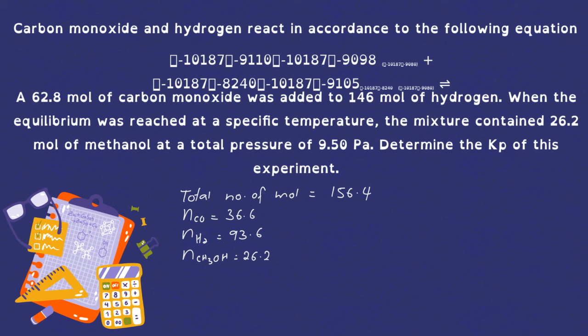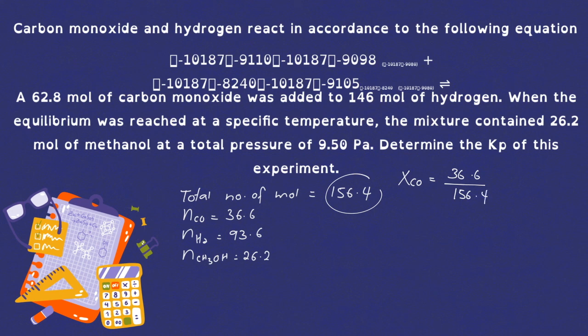Alright, next up what we are going to calculate is the mole fraction. So the mole fraction for carbon monoxide is equivalent to the number of moles of carbon monoxide, 36.6, divided by the total number of moles, 156.4.